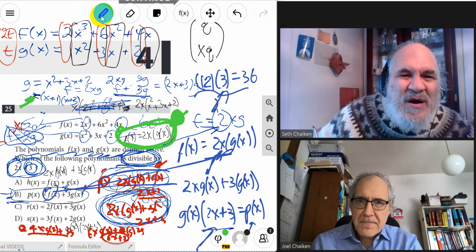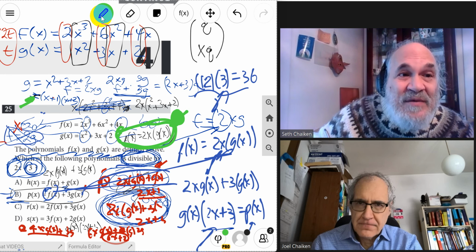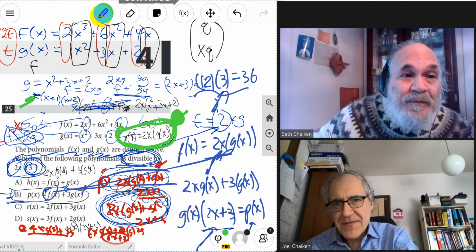And so the truth of this is that you get from G to F by multiplying everything by 2 times x. I think you have this backwards here.